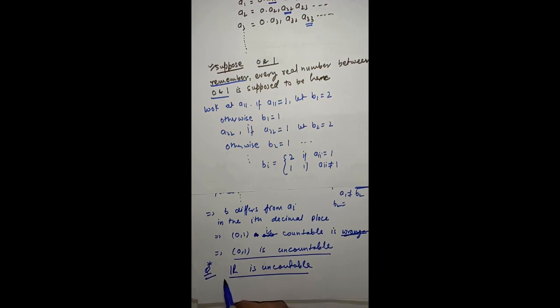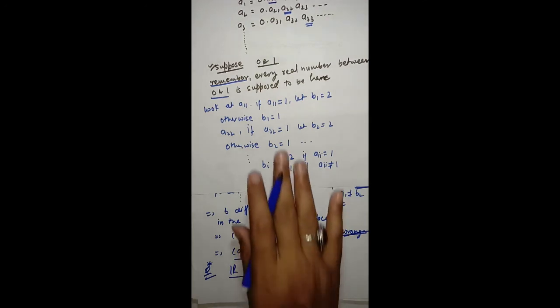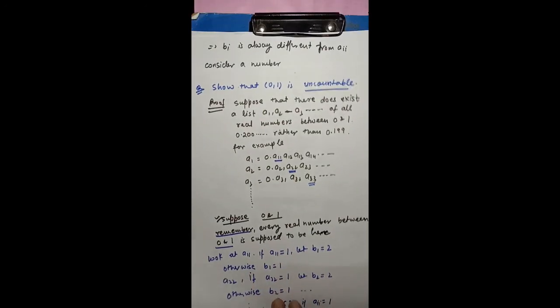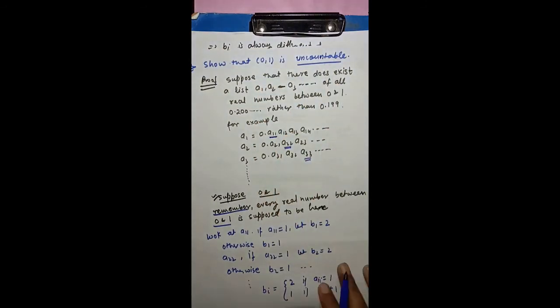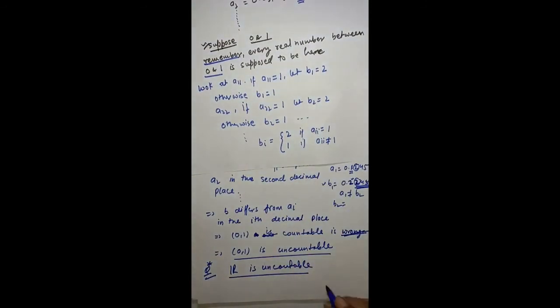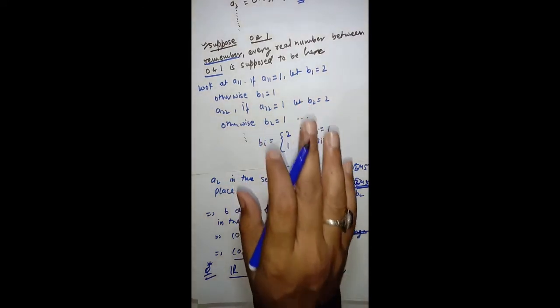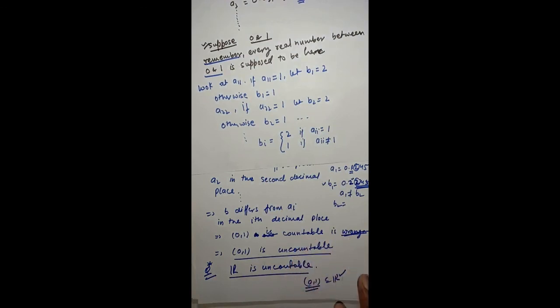We have already proved that the open interval (0,1) is uncountable, and we also know that (0,1) is a subset of R, and if a subset is uncountable then the set must be uncountable. So R is also uncountable. This is all about the 1-1 correspondence and the countability of sets.